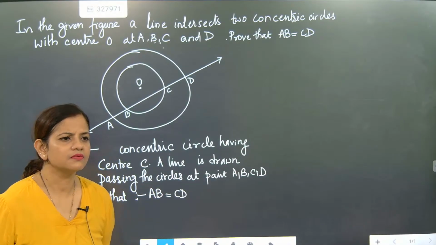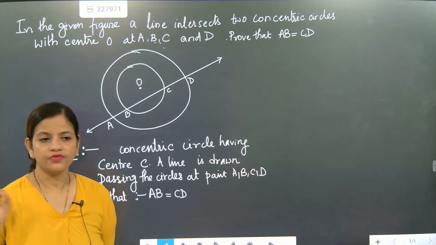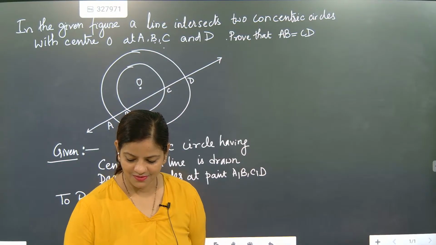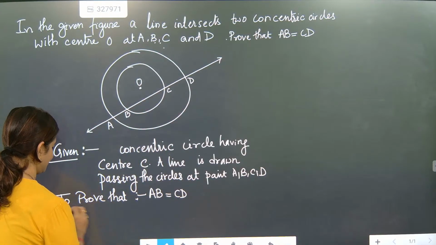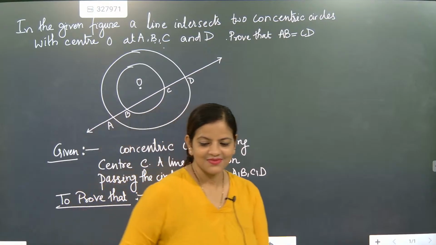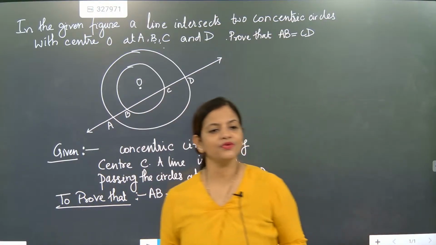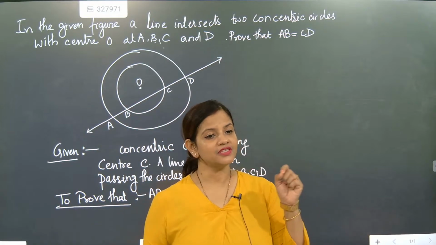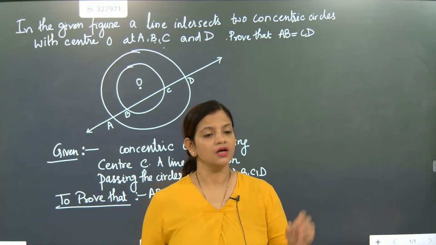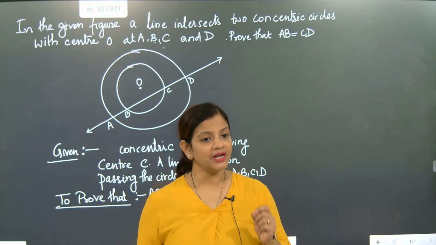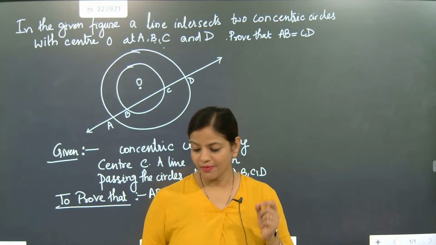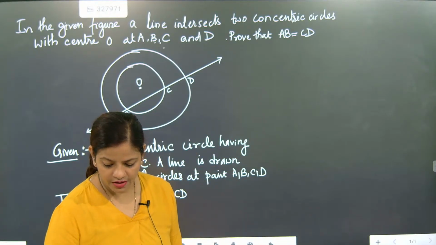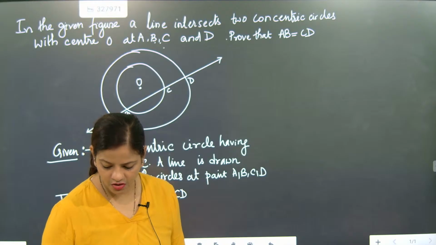Then A. First word, what you are going to write. Now listen, we will write a very important point there: the line drawn from the center of the circle to the chord is perpendicular to the chord and bisects the chord.